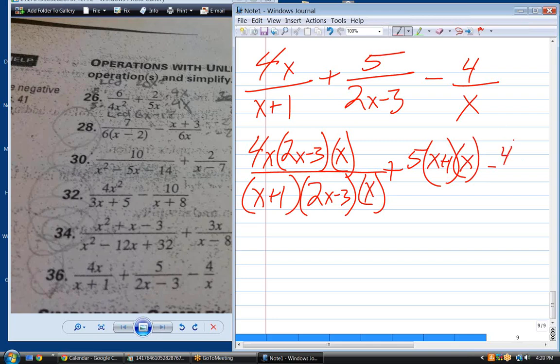It would be 4, and then x plus 1, and then 2x minus 3. And the only mistake you can really make is based on that minus sign right there. You've got to be careful. Everything else will work out pretty easily, but that minus sign, you have to make sure that gets distributed all the way over to that 3.